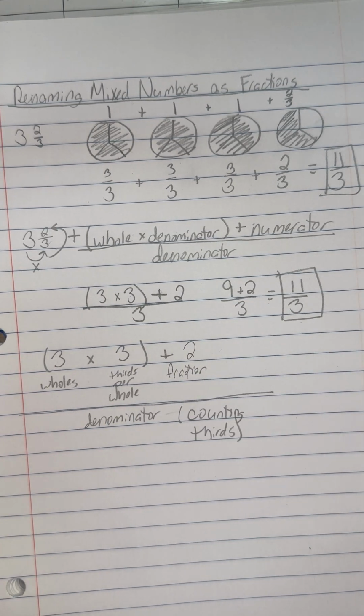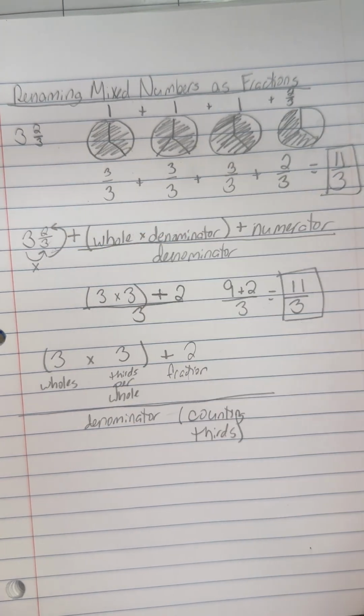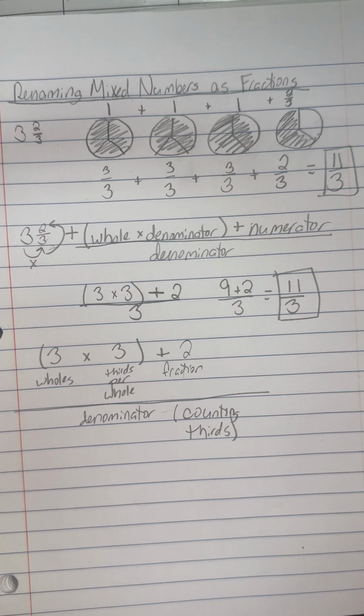We're counting how many thirds. So this method and this method both get you 11/3 as your answer.